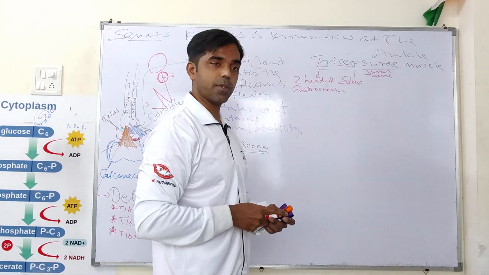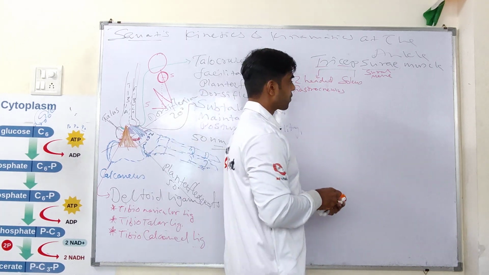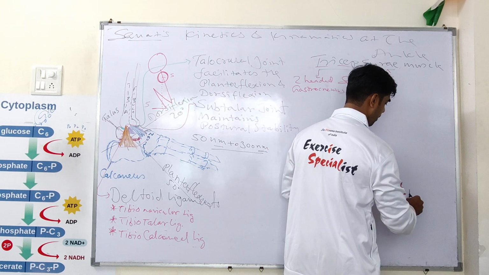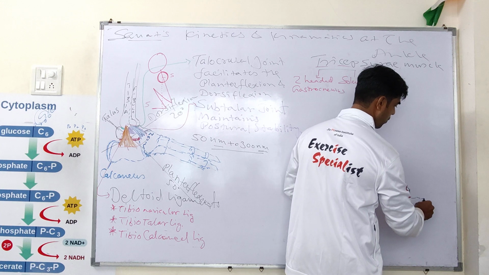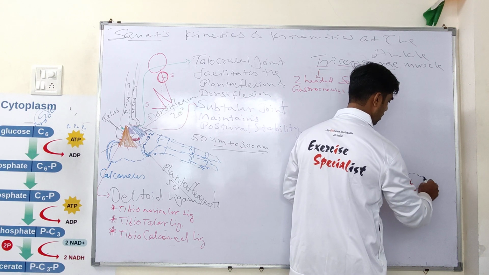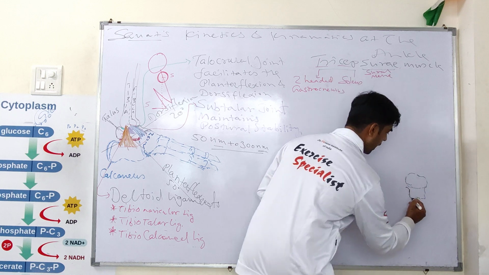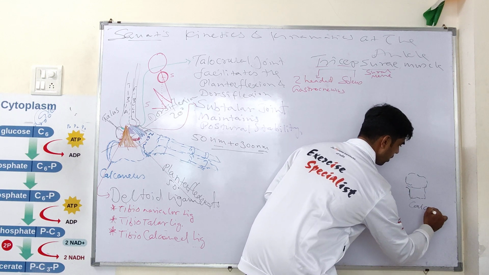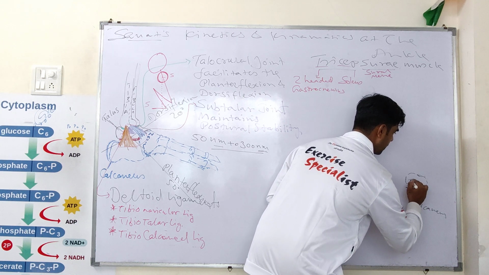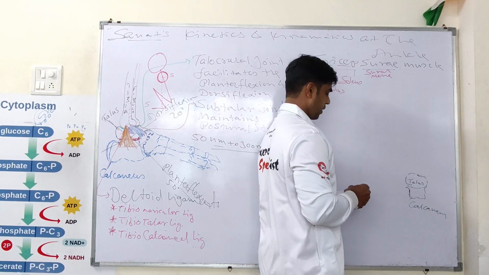Let's understand the placement of this muscle. This is your calcaneus bone, and this is the talus.